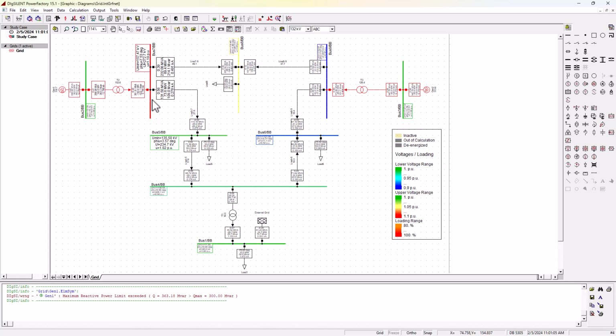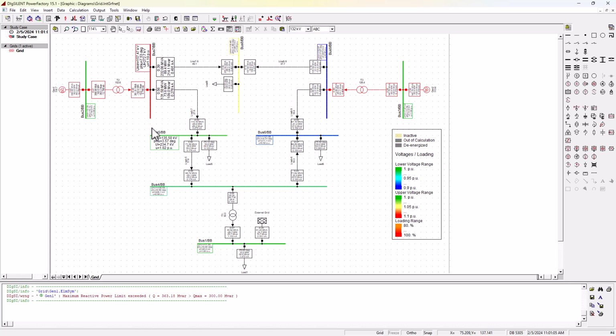The system is not loaded in this section, and this is because generator 1 is overexcited. Because the generator is overexcited, it is generating, or injecting, more reactive power, which we can see here, 363.2 megavolt ampere reactive, and that injection of reactive power is causing the bus here to overshoot.